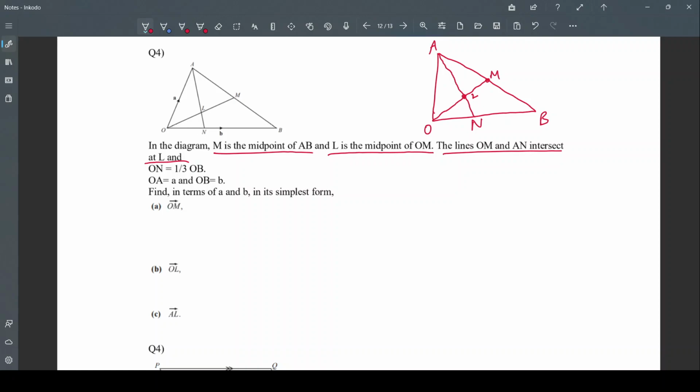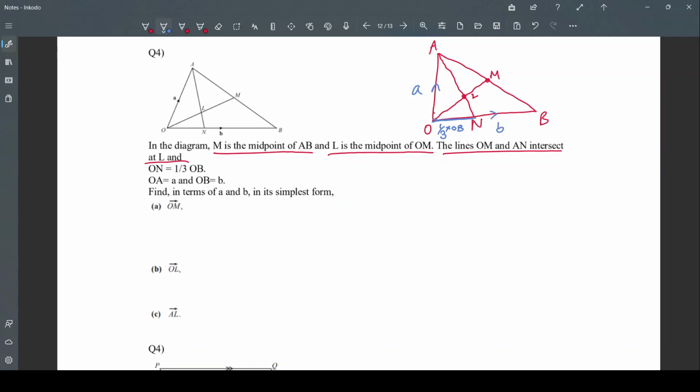The same diagram I'm drawing, and they have given ON is 1/3 of OB. So ON, this length, is 1/3 of OB. Of means multiply. And what else they have given? OA is a, the whole length is a, and OB is the whole length from here to here, which is b.